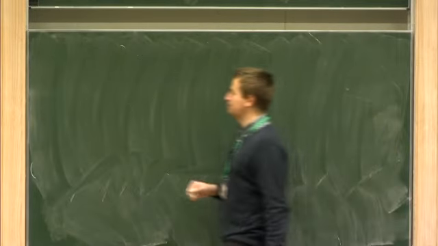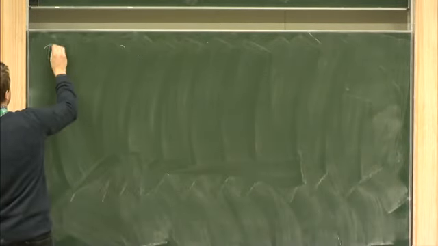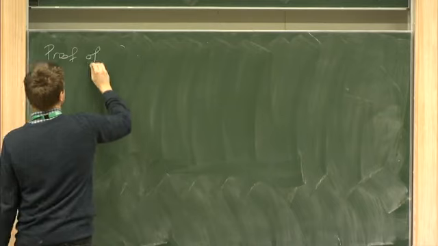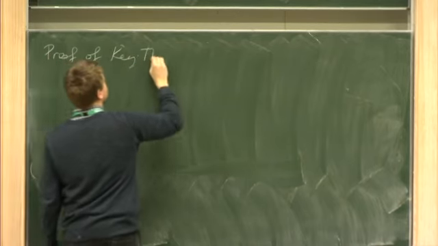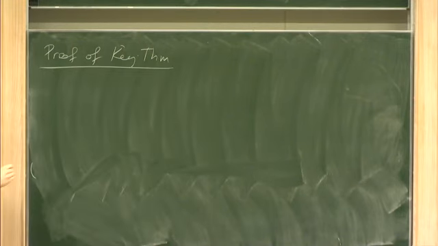Okay, so the rest of the talk will be about the key theorem and how to prove it. Let's first be very careful and tell you what the setup is.